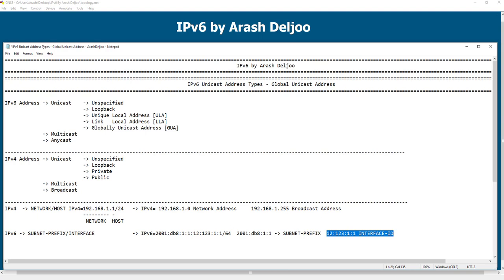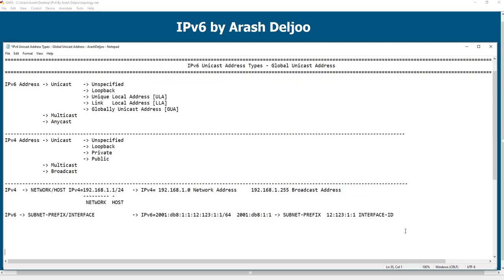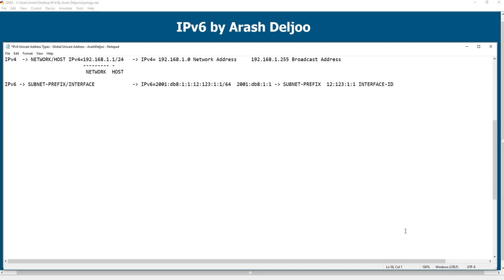Let me show you and help you understand more about the IPv6 globally unicast address. Assume that here we have a network. In our network we have 3 PCs: PC1, PC2, and PC3, connected to one switch.